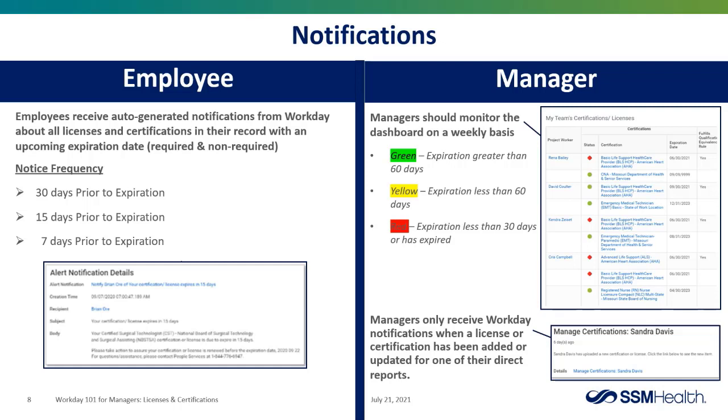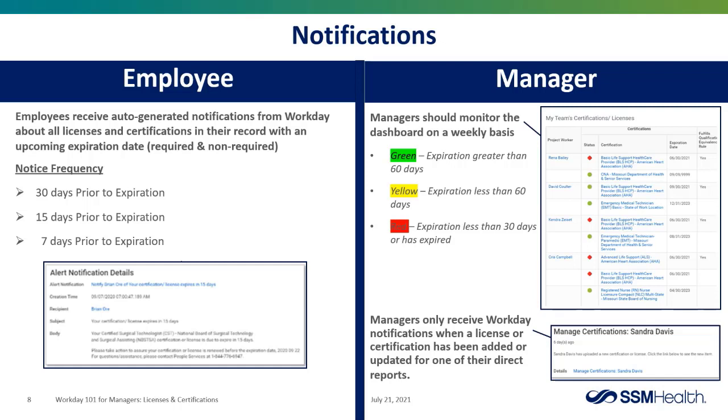And that notification frequency is 30 days prior to expiration, 15 days prior to expiration, or 7 days. This notification is generated through Workday, but depending on how their preferences are set up, they may also receive an email, but it's not going to come from any specific person. It's going to come from Workday.